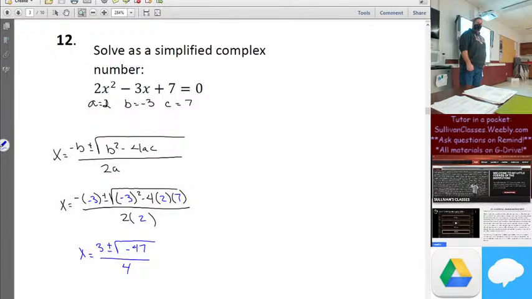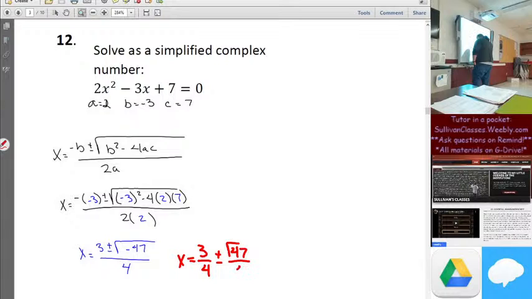Would that be like i? No, it would be i. Remember, before you came to Algebra 2, you would have said, not possible. Done. But then we discovered what i is. The square root of -1 is i. So this becomes 3/4 plus or minus the square root of 47 over 4i.